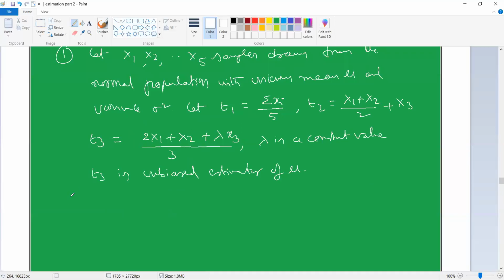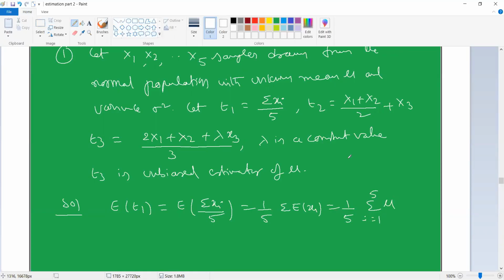So first of all, we choose the statistics that are unbiased estimators of the population mean mu. This is the procedure. First, calculate the expectation of T1: the expectation of summation xi by 5 is equal to 1 by 5 times summation of E of xi, i from 1 to 5.